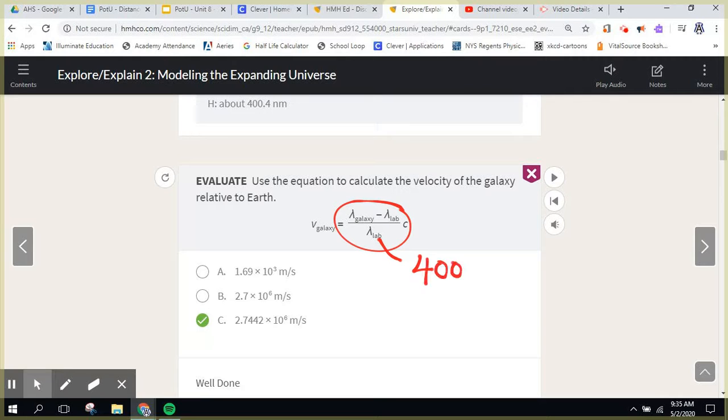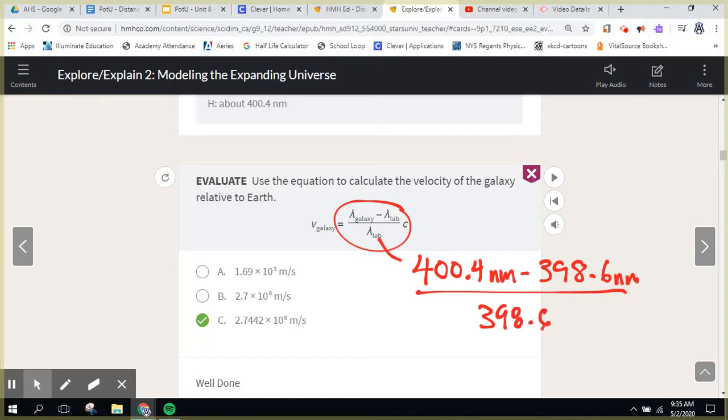So what was measured is 400.4 nanometers minus the 398.6, I think is what it was, nanometers, whatever that value is up top, over 398.6 nanometers times the speed of light, which is 3 times 10 to the 8th meters per second. The nanometers are all going to cancel out. You're going to be left with meters per second, and you should get around that value. So again, it looks scary. The numbers look weird, but it's really not that hard of a calculation to figure out.